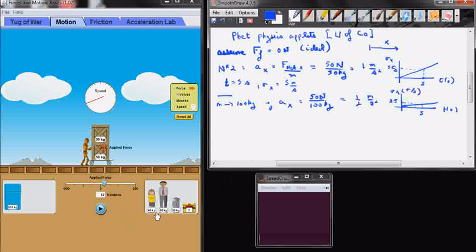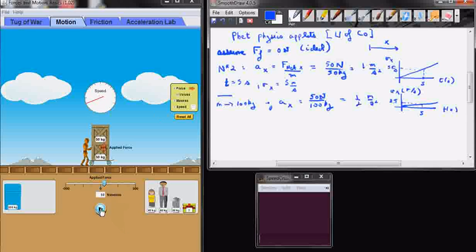Okay, so let's just run it and see what happens here. Let me now figure out how long it takes to get to 5 meters per second, which I now know to be this first dark tick here. So I'll just count here and see how we do.